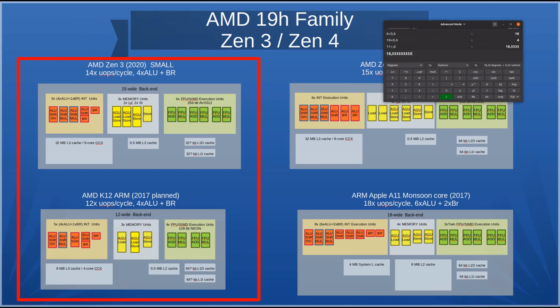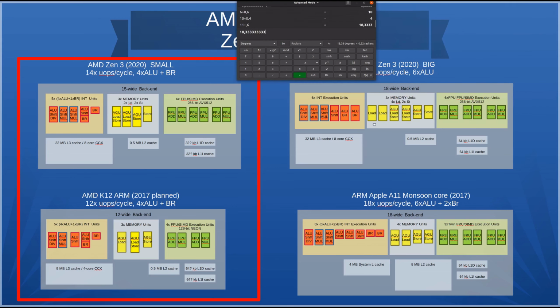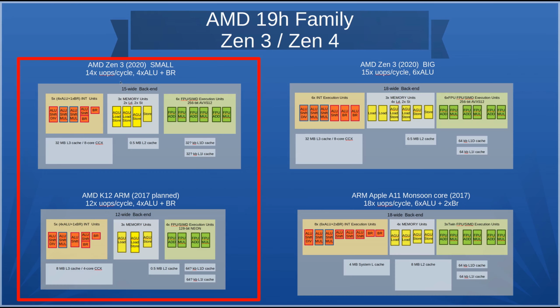I suggest for AMD that they will do a similar thing to what they do for the Cortex, because the Cortex has, as already mentioned, 5 memory units. So I suggest they will do the same also here for the Zen 3.